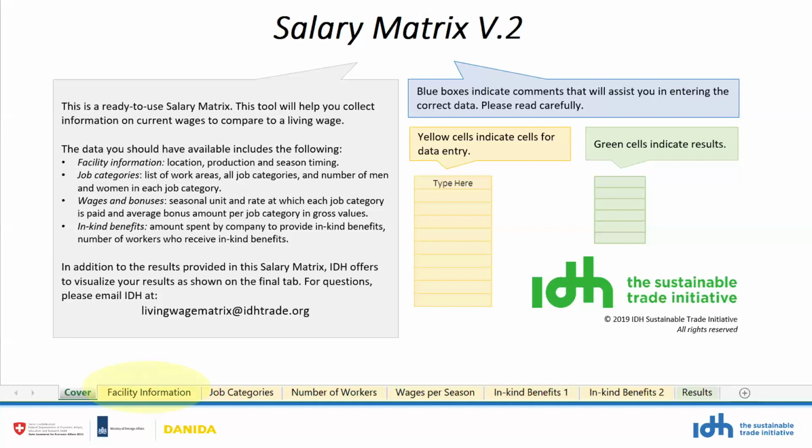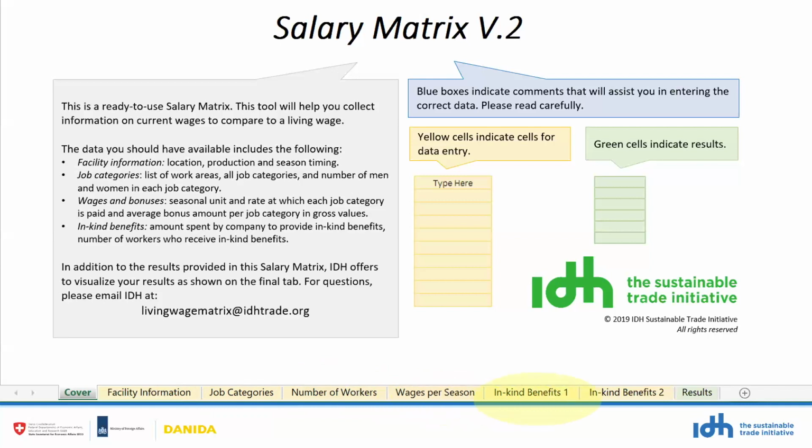Here you can enter the information about the location, production, and seasonal timing. On the Job Categories tab, you can name all of the work areas and job categories in the facility. On the next tab, the number of men and women per job category can be entered. On the tab labeled Wages per Season, you can enter the wages for all the seasons in the facility.